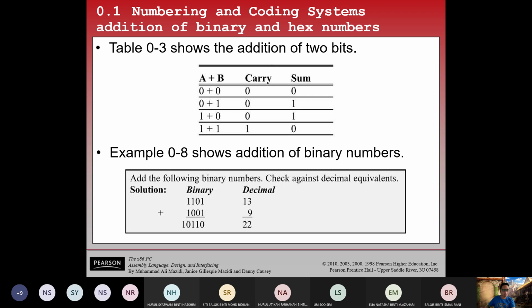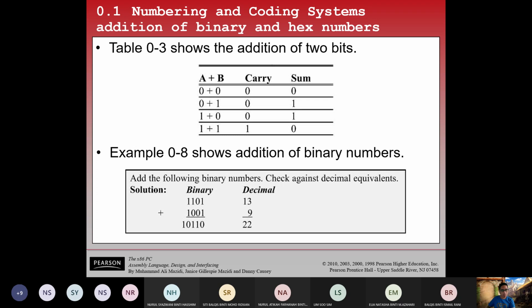So if A is 0 and B is 0, this is carry and this is sum. If both are ones, then 1 plus 1 becomes 10. So this is how you perform the addition of binary numbers.